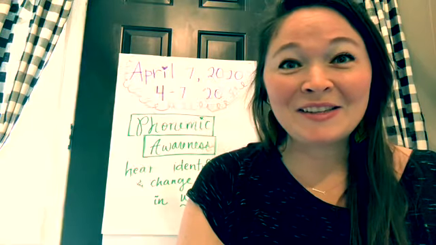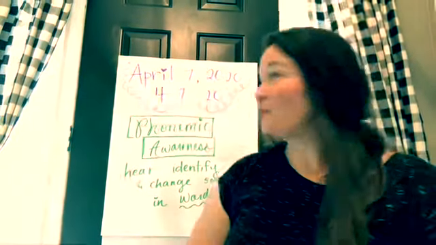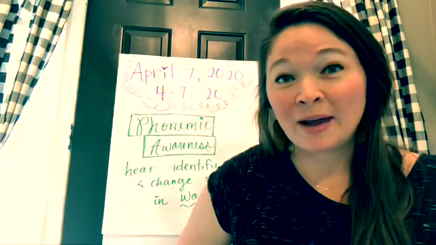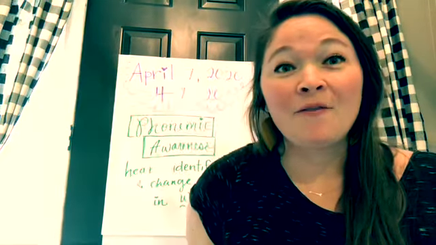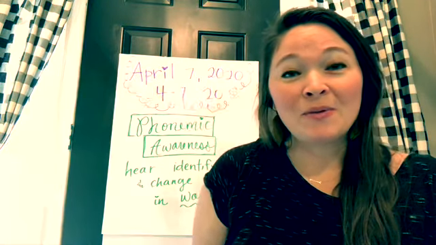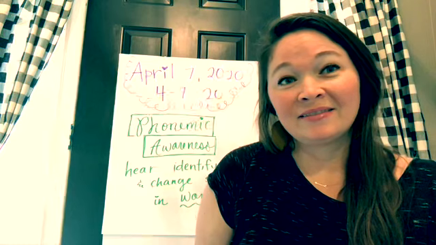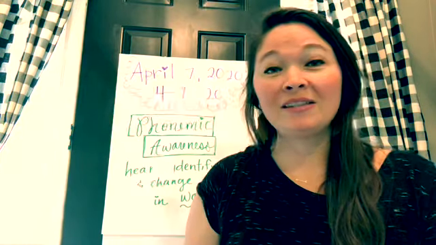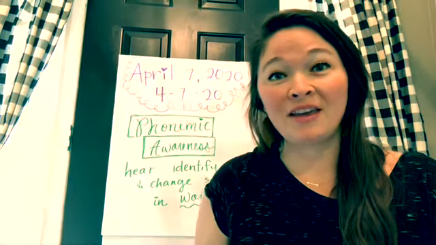Okay, so let's get started with today. It is April the 7th, 2020 today. A digital way to say that date would be 4/7/20. Who knows what the 4 means? Yeah, the 4 means the month, and this is the 4th month of the year.